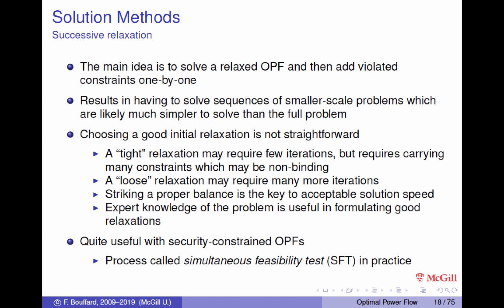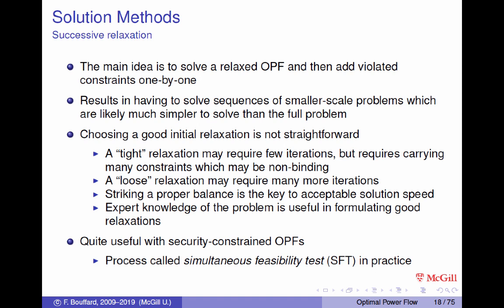It might require a few iterations because all of the complicating features will already be there. But it's going to be more difficult, and very often a lot of the constraints you're carrying, as we'll talk about later, will effectively be non-binding, especially in the security constraint optimal power flow problem.